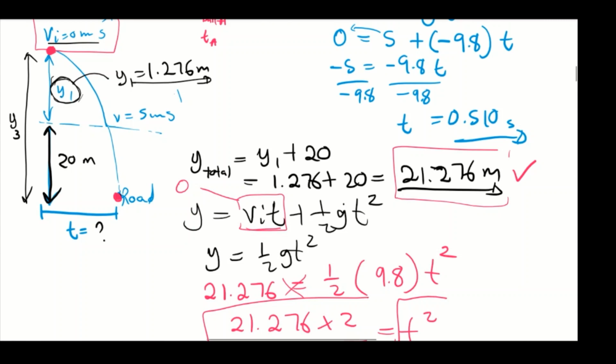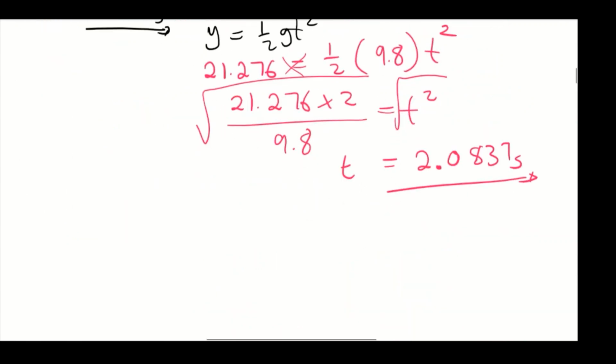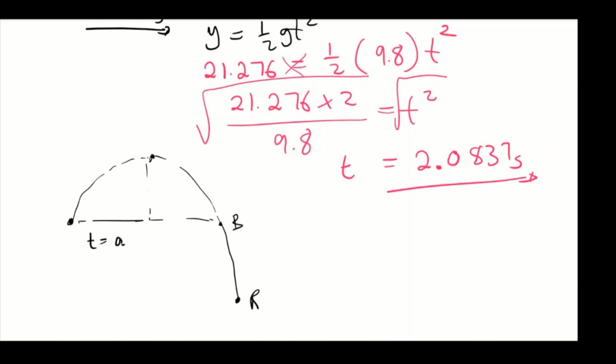So hence we're going to write it here, which is going to be 2.0837 seconds, right? Now, because our ball moved from the starting point all the way up to the point of maximum, and then straight down to the road, if this is the road and this is the bridge, we're going to indicate the time. The initial time that we found here is equal to 0.510.